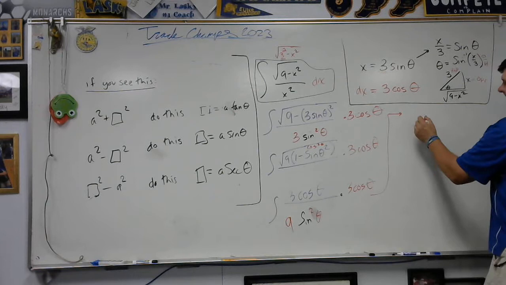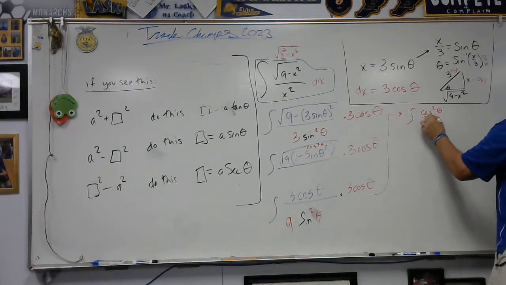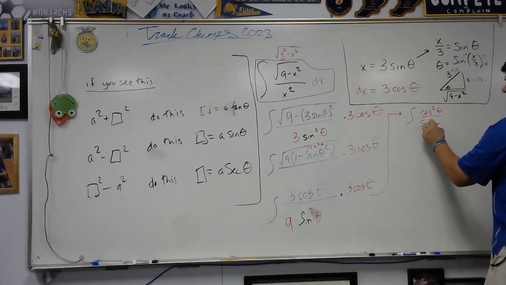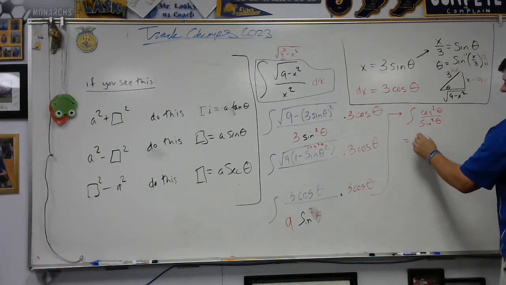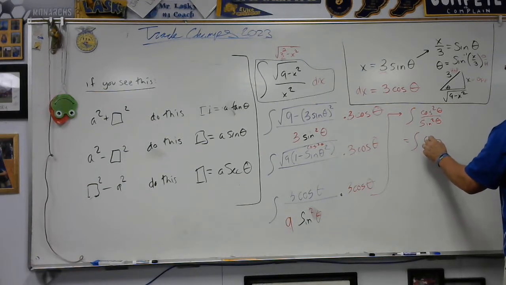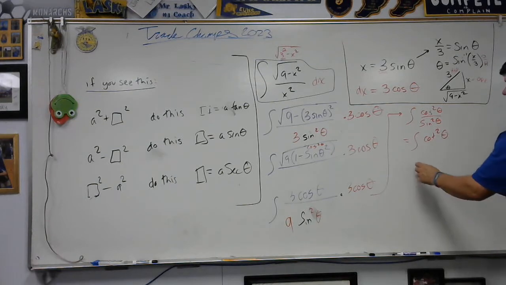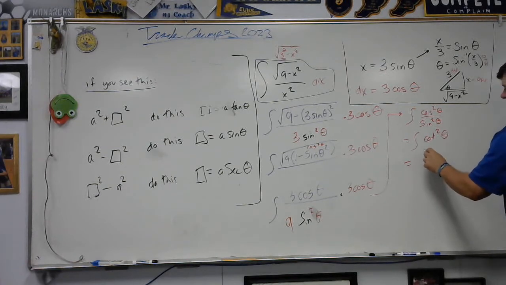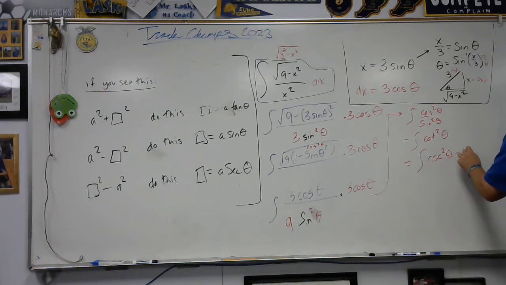So I get the integral of cosine squared theta over sine squared theta, which is equal to the integral of cotangent squared theta, which is equal to the integral of cosecant squared theta minus 1.